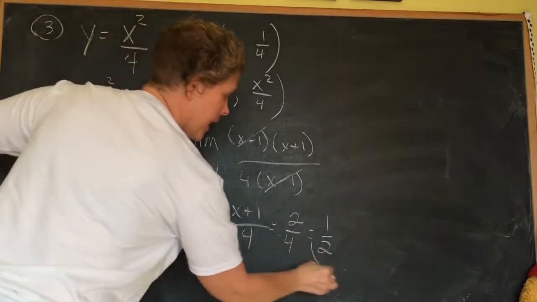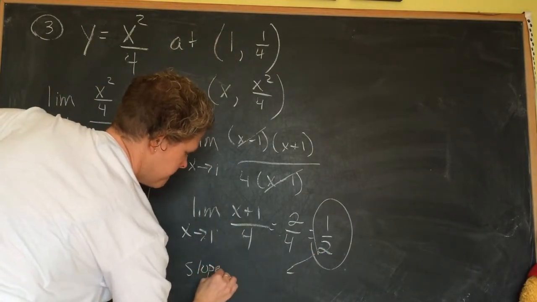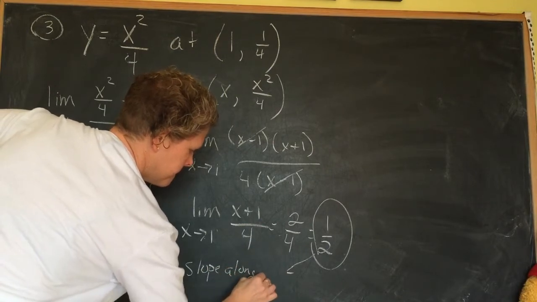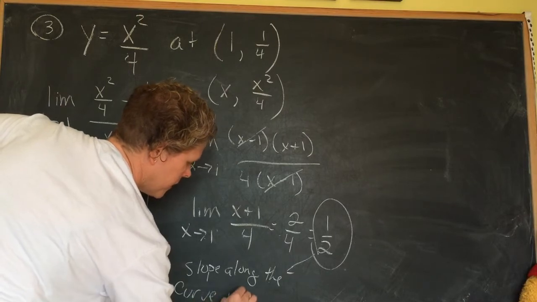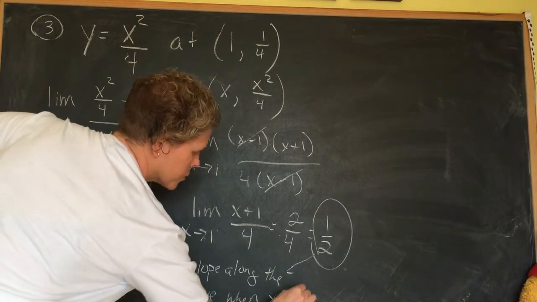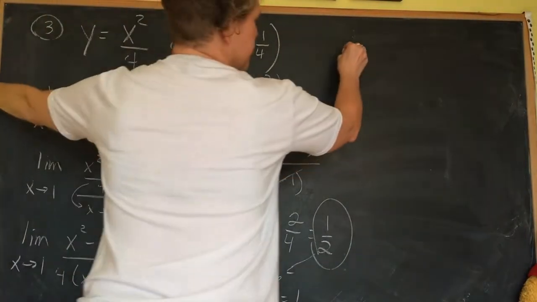Okay, so 1/2 is the slope along the curve when x equals 1. All right, so my equation of the tangent line.